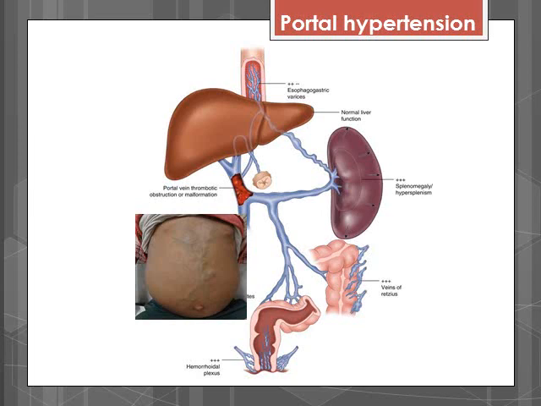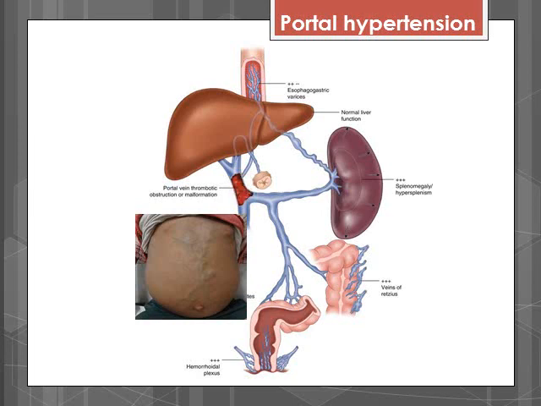If obstruction occurs due to any of these causes, the portal venous pressure rises, causing portal hypertension, and the collateral pathways open up between the portal and systemic venous systems.